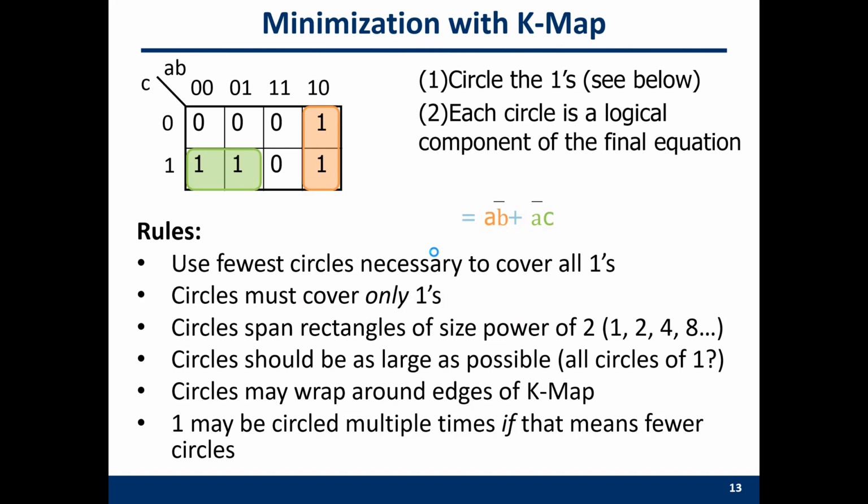C is always 0, C bar. D can be 1 and D can be 0. All right. The last one, which is A and B bar. Because A is always 1, B is always 0. C can be 0, C can be 1. So you have no C and then D.